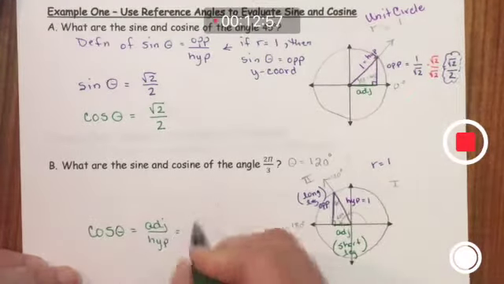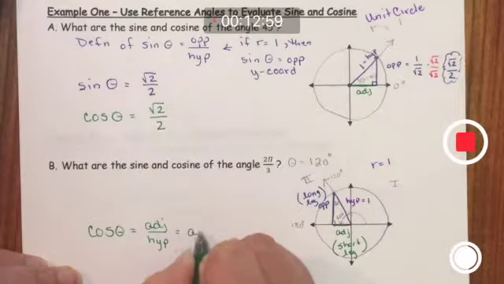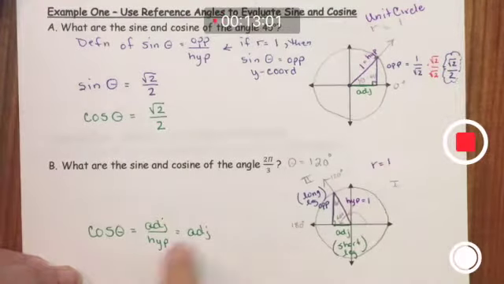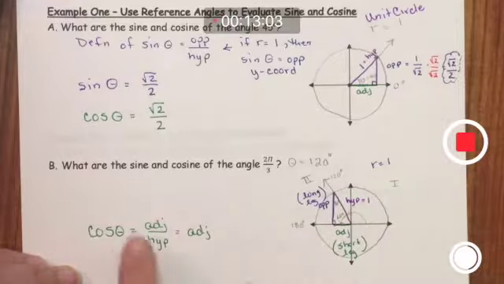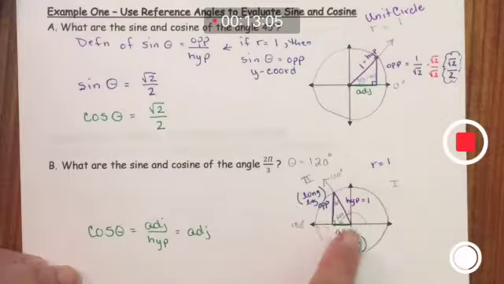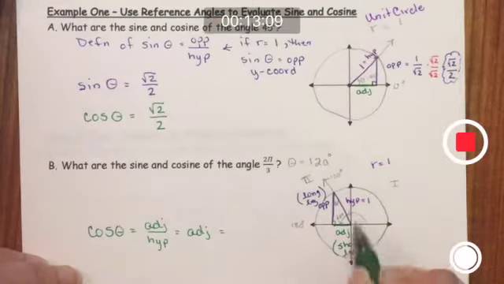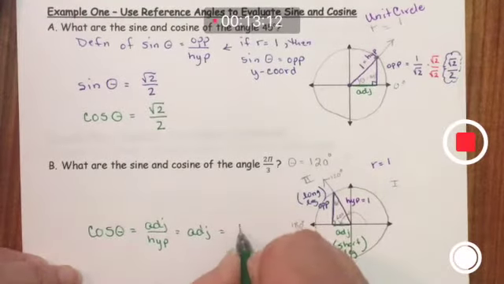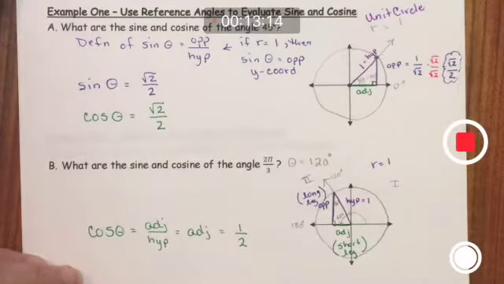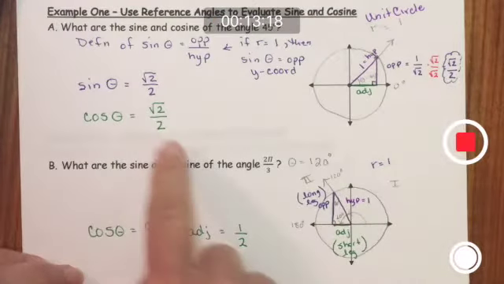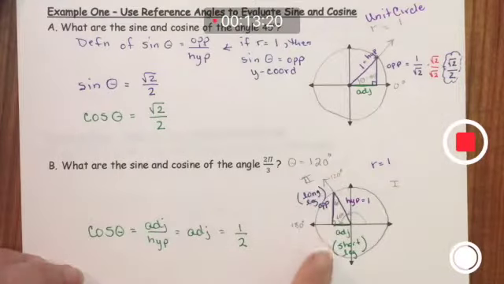On purpose, we made the hypotenuse 1, because it's a unit circle. So the cosine is going to be this adjacent length, and it's going to be half of the hypotenuse, so 1 over 2. And then the sine is going to be the opposite length.